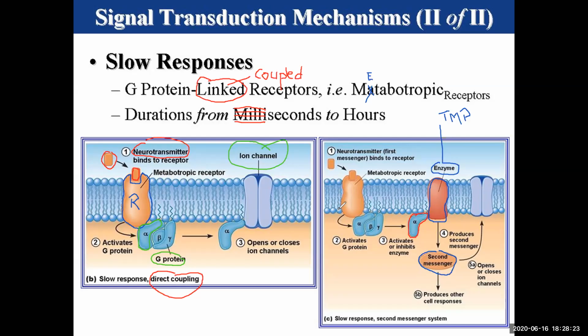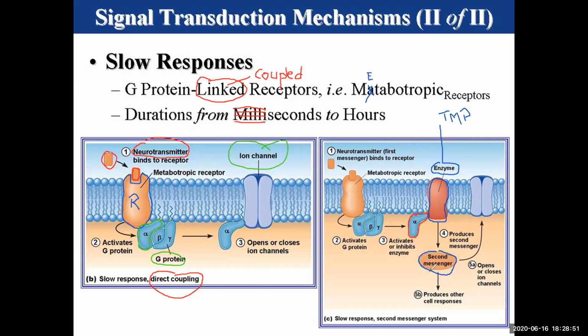That's why it needs a translator, if you will. And that translator is at the surface of the cell in the form of a receptor. So that messenger, the first messenger, the neurotransmitter, remains on the outside. So its message is conveyed inside by the production of second messengers. And the second messengers can go on to carry out function.